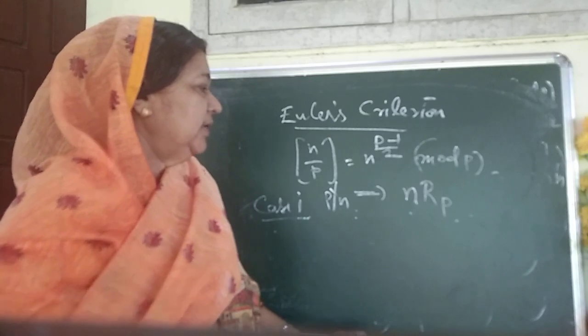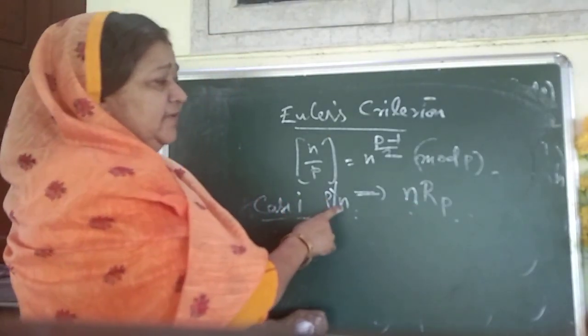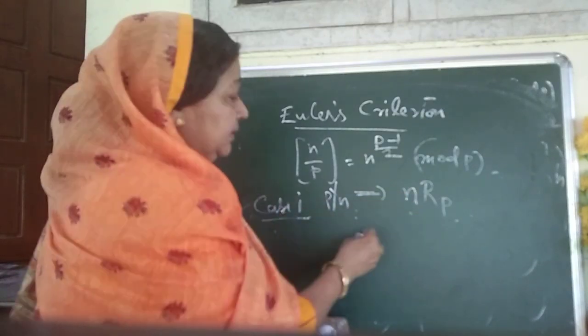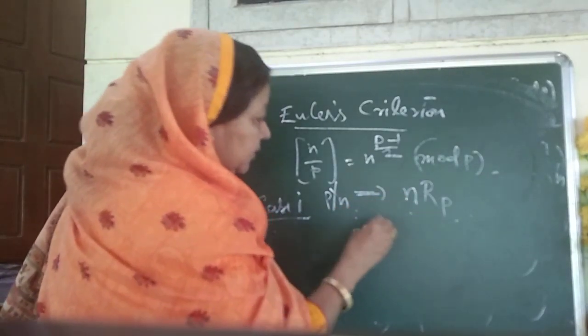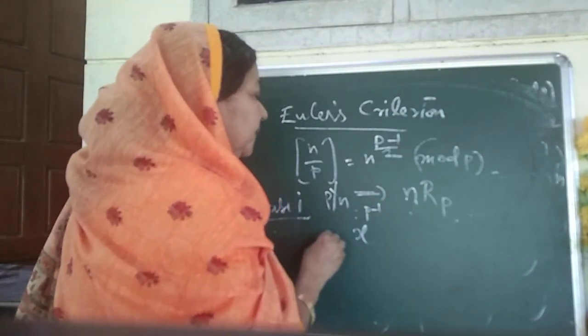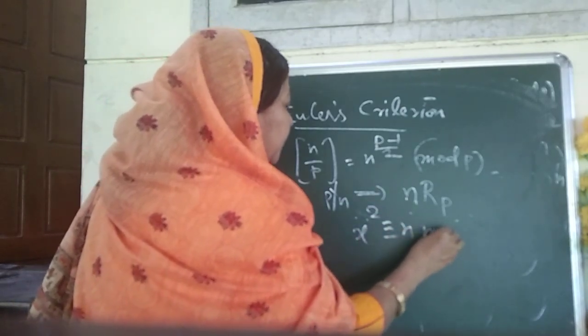In this case, since p does not divide n and n is a quadratic residue mod p, we know there exists an x such that x squared is congruent to n mod p.